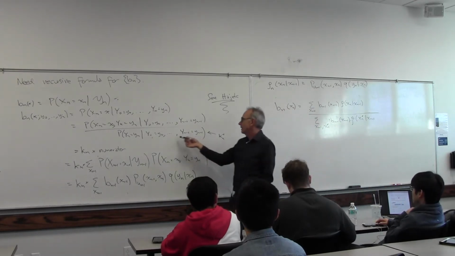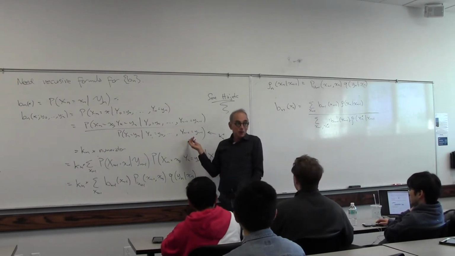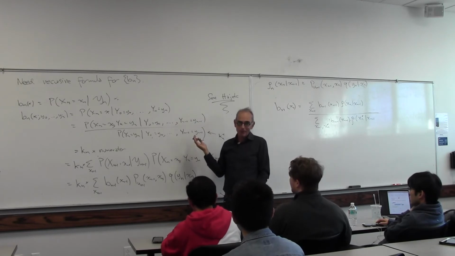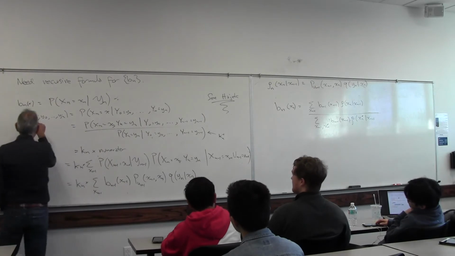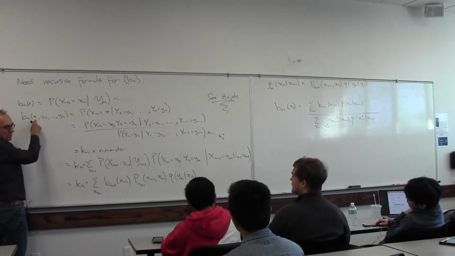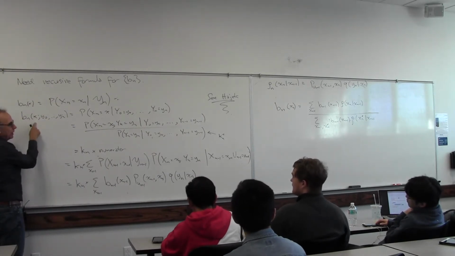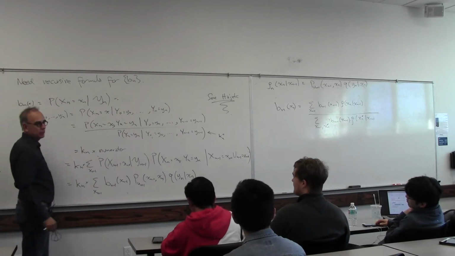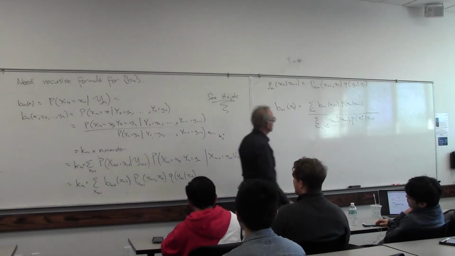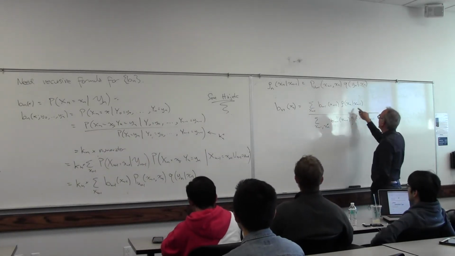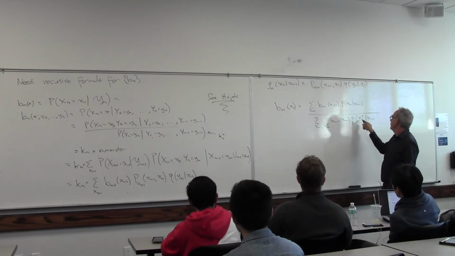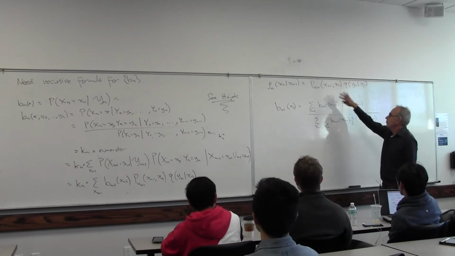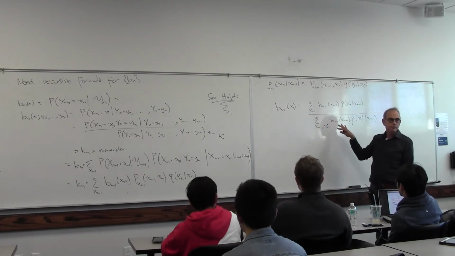This constant, we could go and compute it, but why bother? We know, again, when we sum over x, we're going to get 1. So we just force that constraint to be valid, and it gives us kn, so we don't have to compute it. And that's what I'm doing here. I'm taking my numerator, which is a function of xn, and then I'm summing over, like xn prime, if you like, to make sure that this whole thing is a probability mass function.